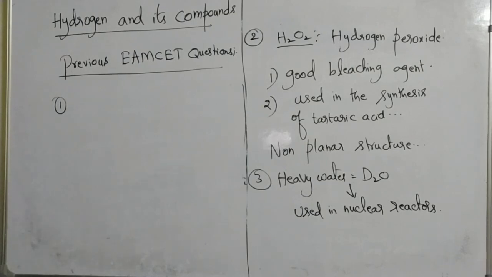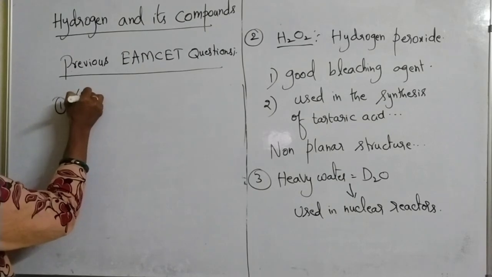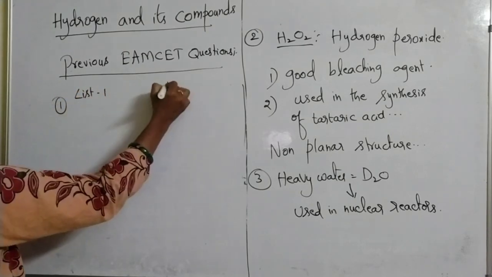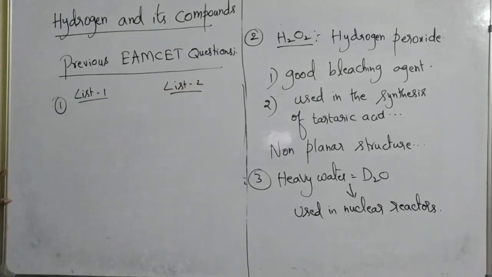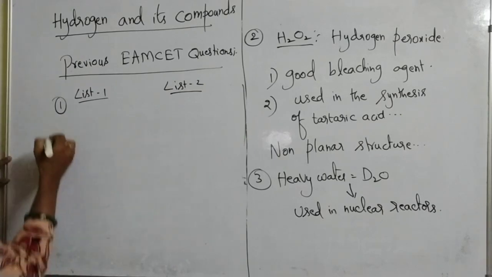Okay, yes. So look at this, it was given like a match the following. List 1, list 2, like that it is given. Okay, so in that A, B, C, D, 4 questions are given.